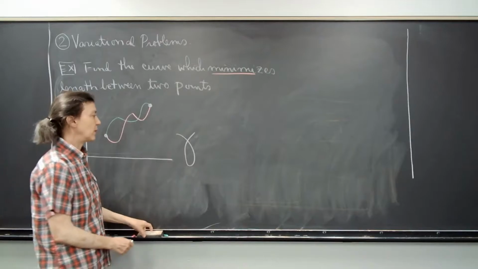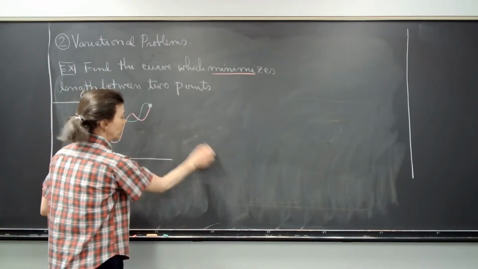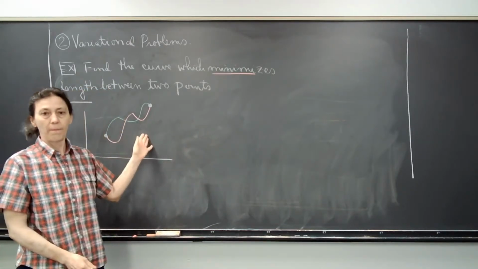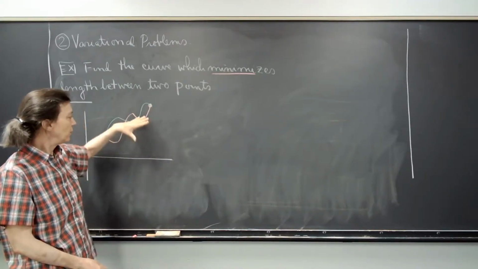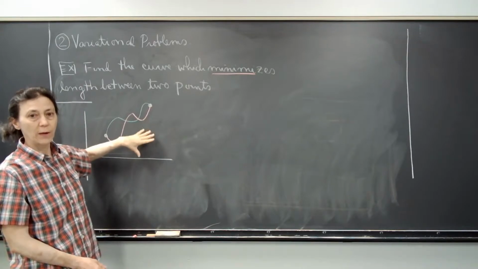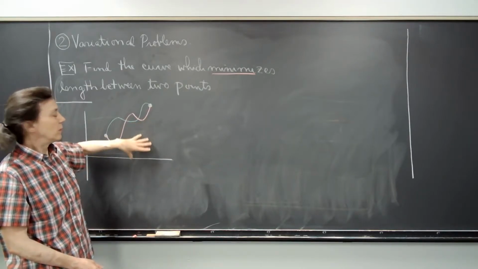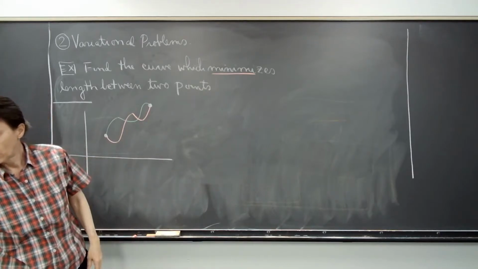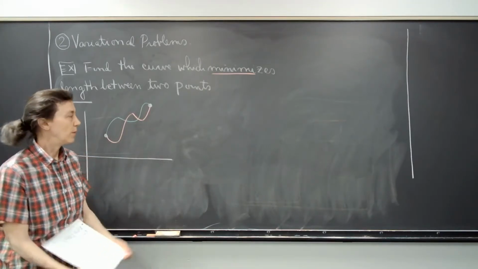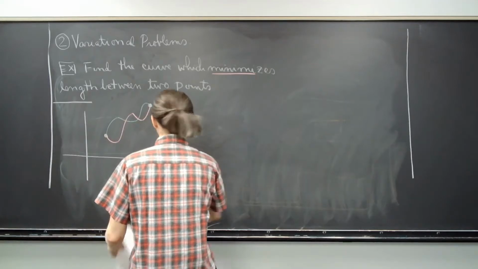You expect your minimizer to project to be the graph of a function over either the horizontal or the vertical axis, and for that function to be differentiable.